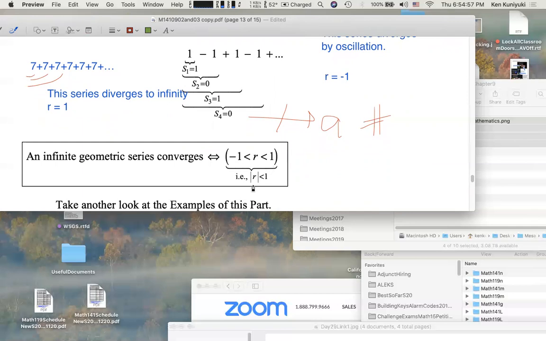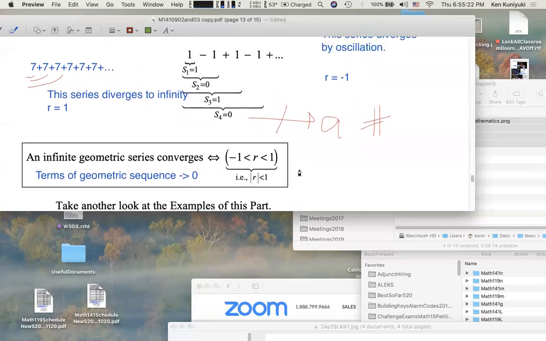That is, the absolute value of r is less than 1. And by the way, this was equivalent to the notion that the terms of the corresponding geometric sequence, the actual terms in the sequence, approach 0. Because this was also the same condition, right? r is strictly between -1 and 1. It was the same equivalent condition.